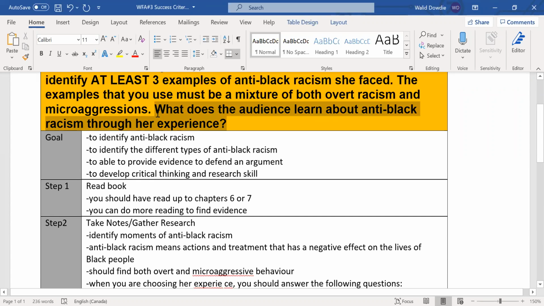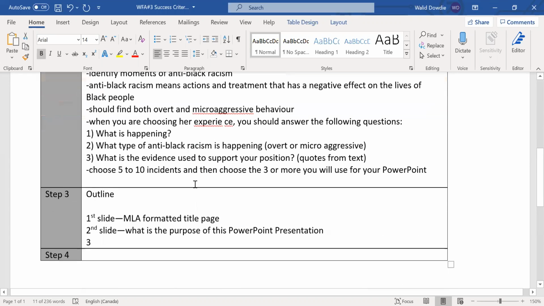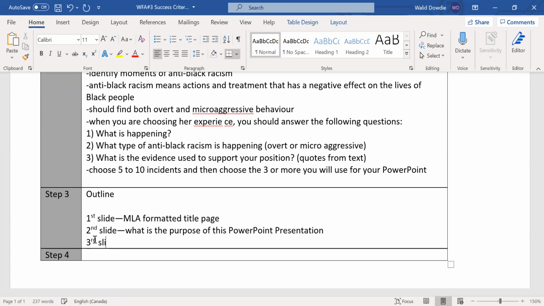This part here is what you would call your thesis. This is what you're going to use as your thesis statement, what you're going to prove.